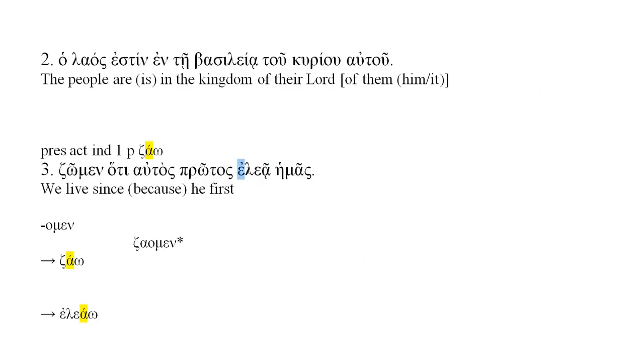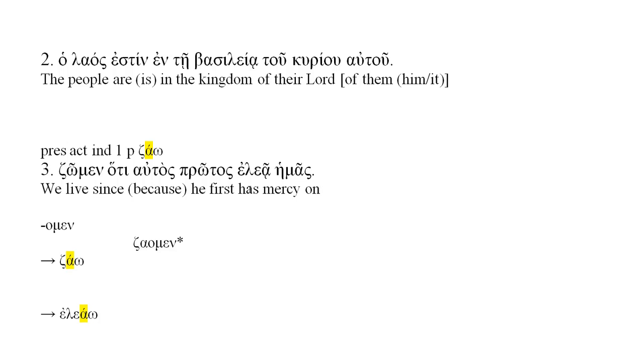So here's our verb. Since we do have an explicit nominative subject here, autos, he, we're looking for a third person verb which matches our third person active. So he first has mercy on. The meaning of that verb is to have mercy on.